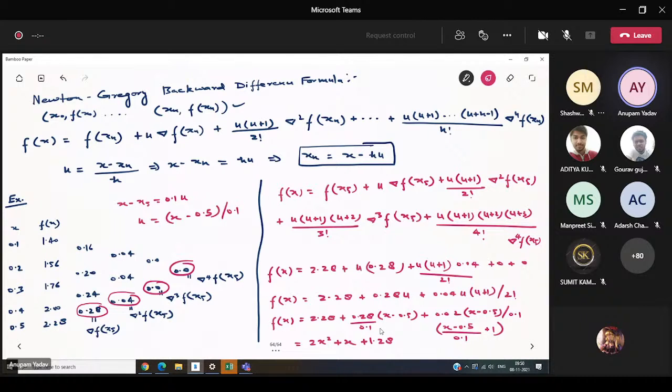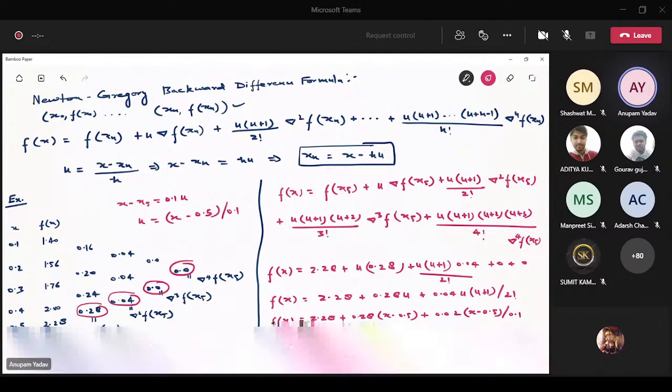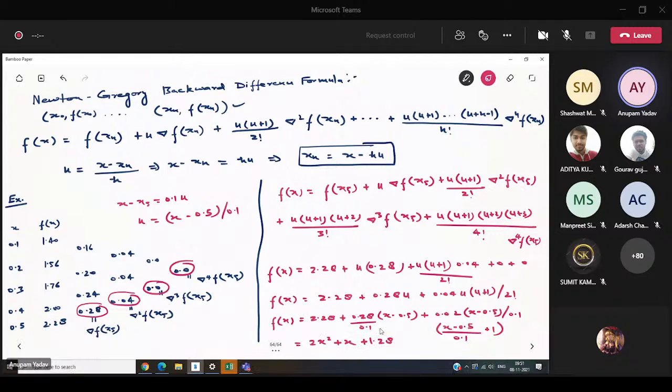The thing is very clear, because since we are trying to get the interpolating polynomial, it means we are trying to get the value of a certain entity, for example the value of f(x) in this particular scenario, where the value is unknown to us. For example, in this exercise it would have been asked to find the value of f(x) at 0.45. Because at 0.45 the data is missing, but once we have the interpolating polynomial then we can have its value.